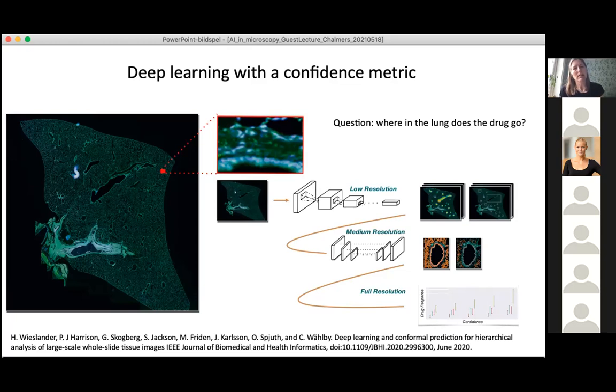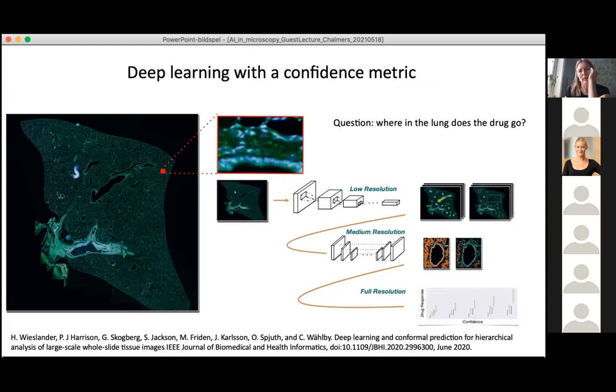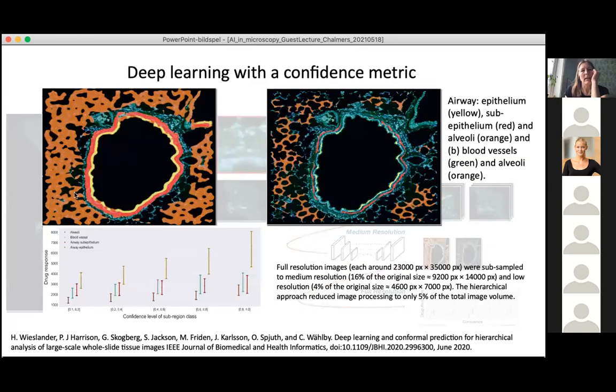So first we really just subsample the data a lot to see where the airways are located. And then we go in stepwise to pick out these regions at high resolution, and then continue our search at this high resolution. So if we then focus on what we get out at the highest resolution, this is what we get.